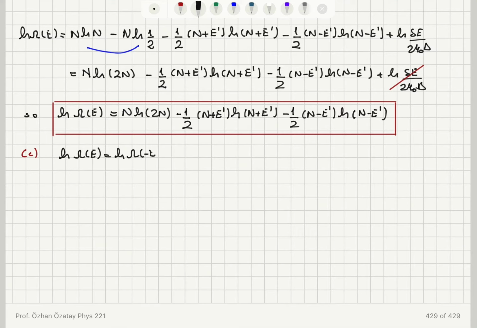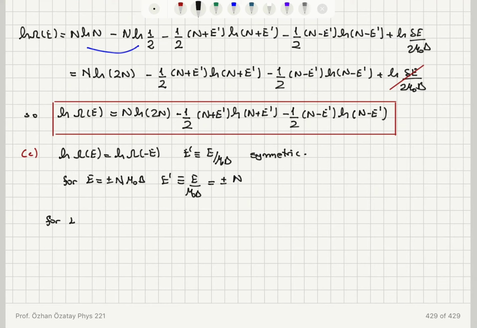So ln omega of minus E. E prime was E divided by mu 0 b. So it's symmetric around zero energy. And for energy equals to the minimum and maximum values, capital N mu 0 b, what would E prime be? E divided by mu 0 b would become plus or minus capital N.